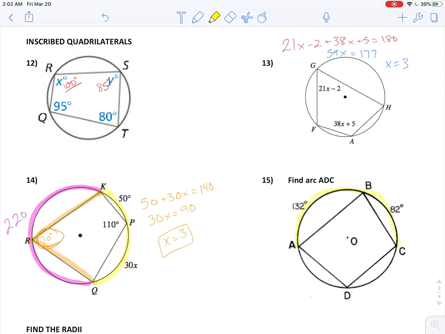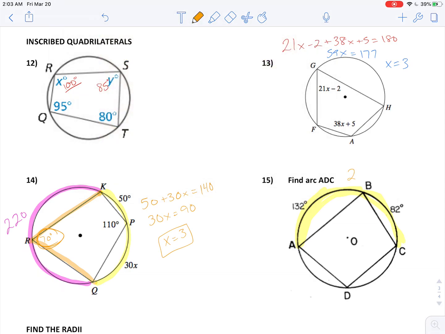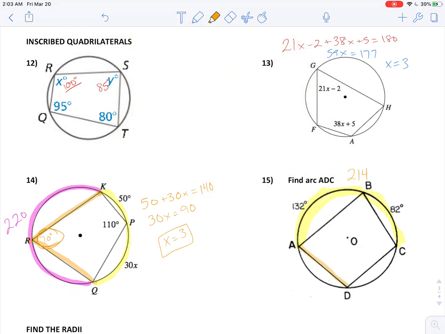So again, let's take our same stance as mathematicians. Let's take this stuff that we know. So we know this much, right? What's that whole big arc there? That's 214. Yeah. And what angle is intercepting 214?